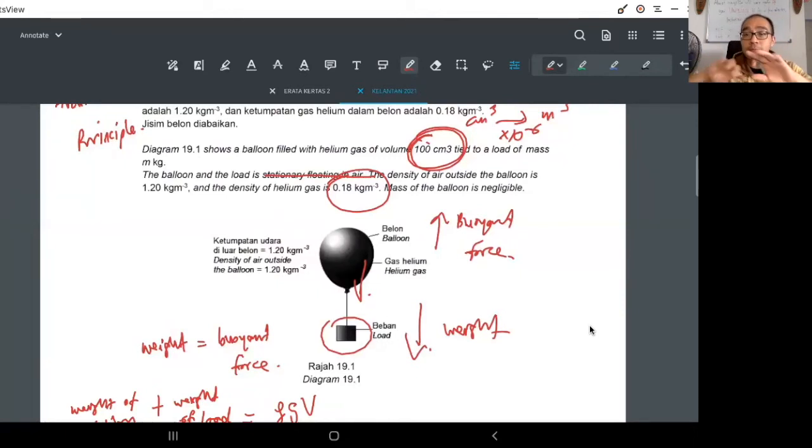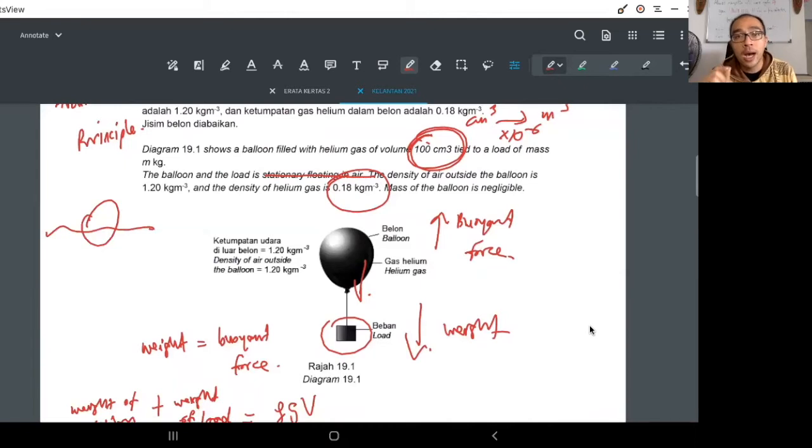The helium is pushing, but what is pushed aside is the density that we want. If it is in the water, that's why we consider the water density. We don't consider the ball density. We consider the water density, because the buoyant force happens when you push the water aside.